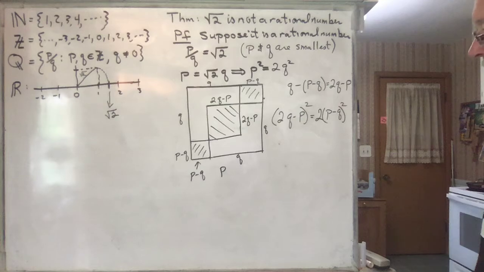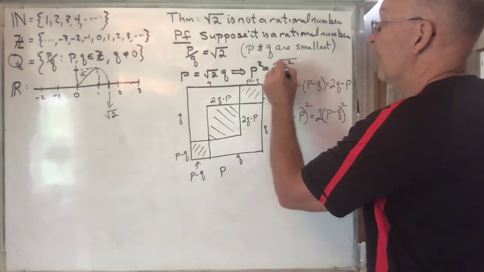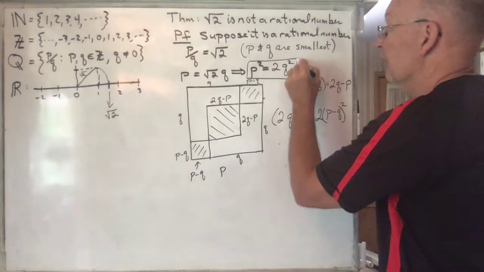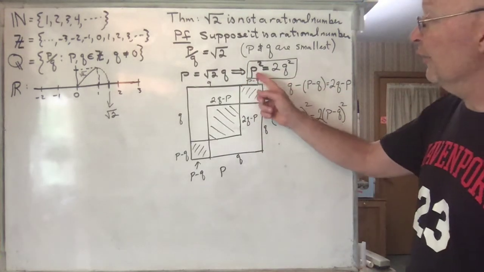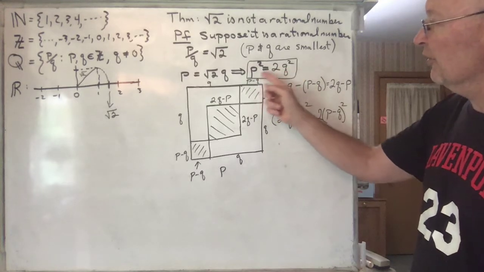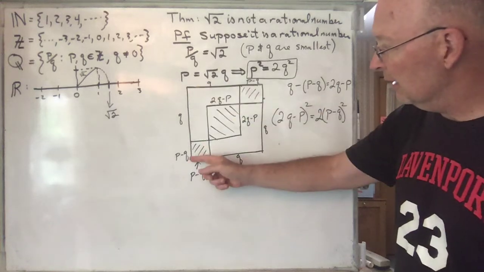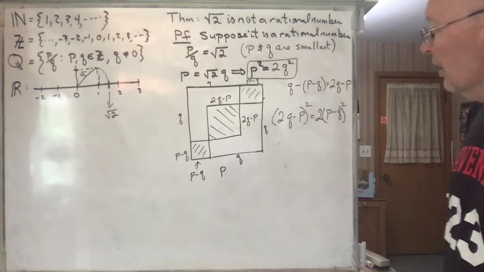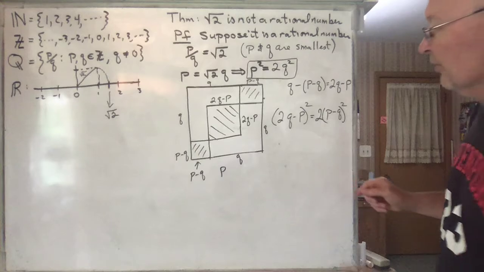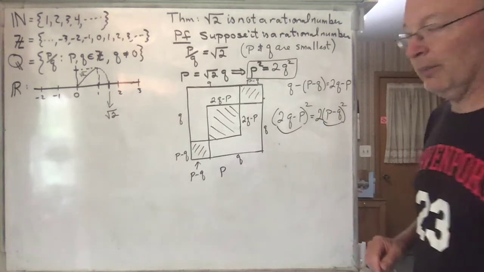So notice, what we claimed here was that this thing here was satisfied for the smallest values of p and q. We said p and q were the smallest values that made that true. Here's p, and here's q. But now we've got two other numbers. This is a natural number, and this is a natural number.